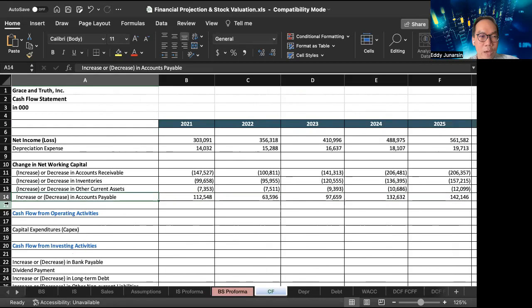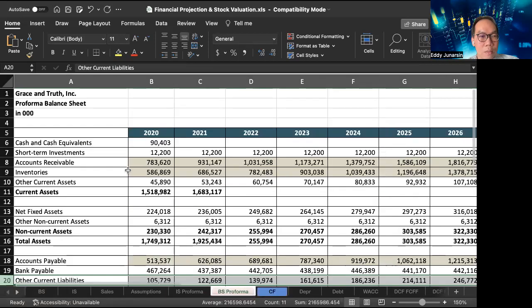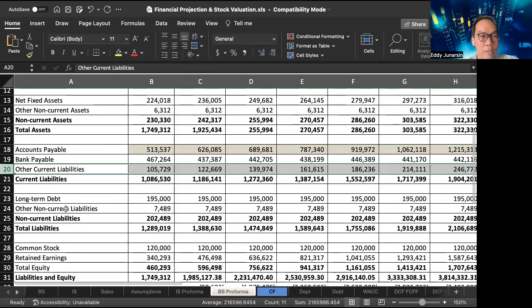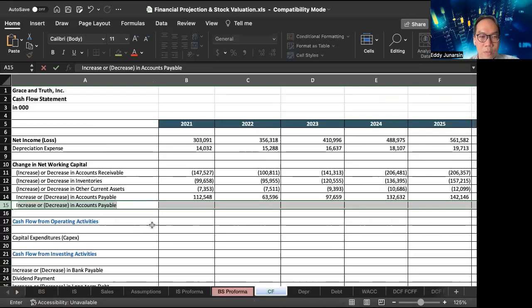Okay, and I think we have one more item. Where is it? Yeah, other current liabilities. Increase or decrease in other current liabilities.